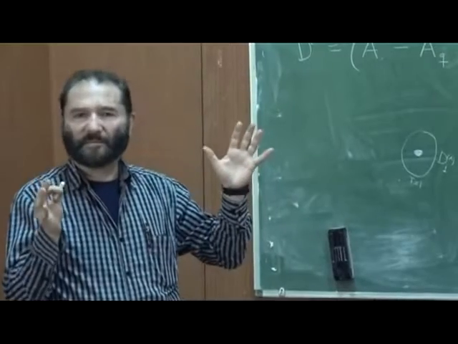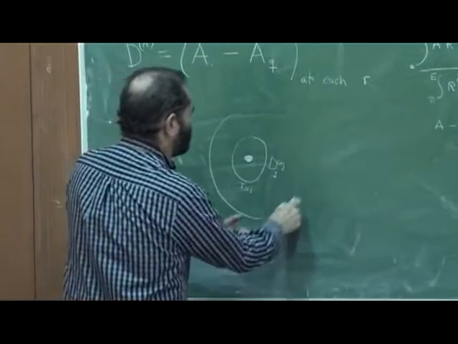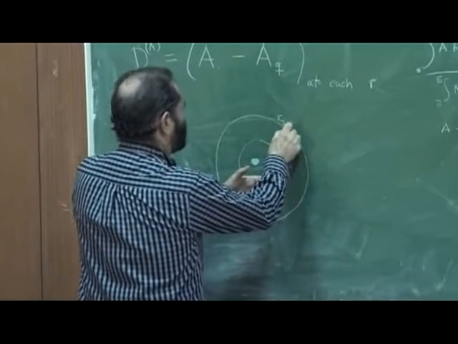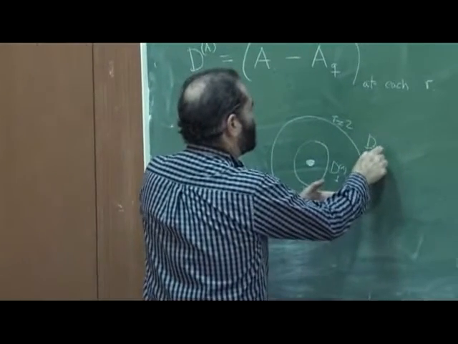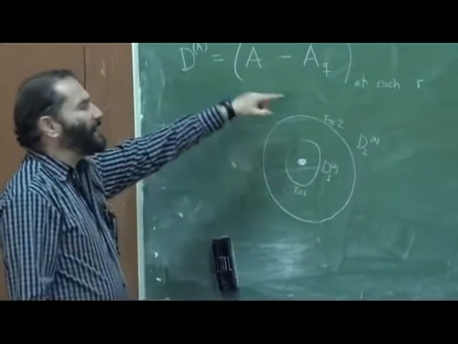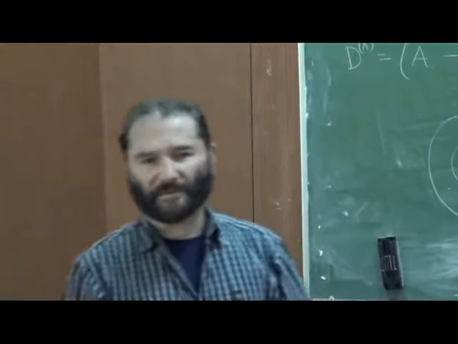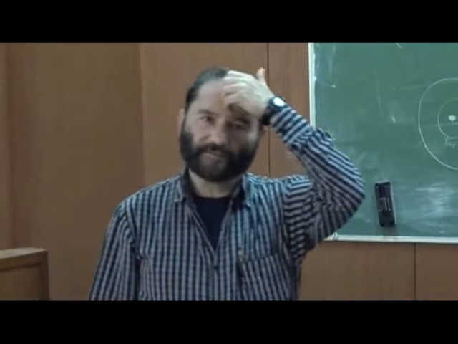We obtain a number. Then we go to the next one, r equals 2. And we obtain another number, right? Because A and AQ are different. So their difference is also going to be a function, right? So this is what we're going to study.